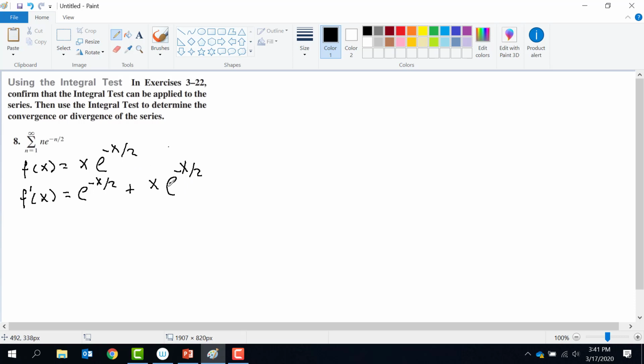The derivative of e to the is e to the, same inside, times the derivative of the inside, and negative x over 2 is just a linear function, so we get a derivative of negative 1/2. Okay, so we can then factor out the e to the negative x over 2, which will give us e to the negative x over 2 times 1 minus x over 2.